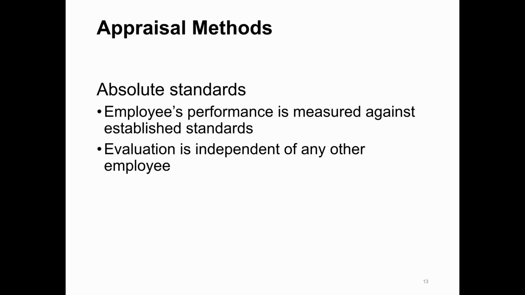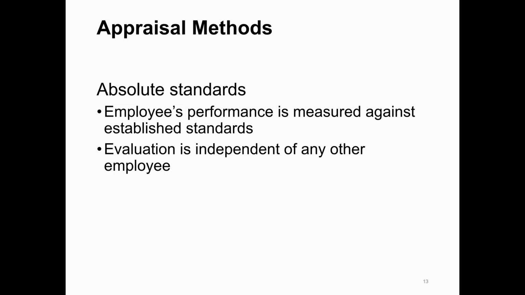And if, for example, employee A has developed 36 pieces, employee B has been able to develop 38 pieces, and employee C has developed 32 pieces. According to the absolute standard, all of those performances from different employees are measured against the established standard of 40.